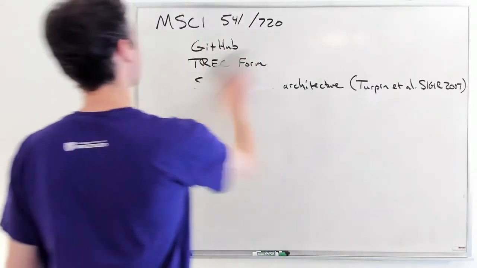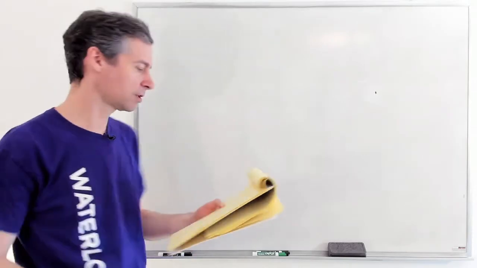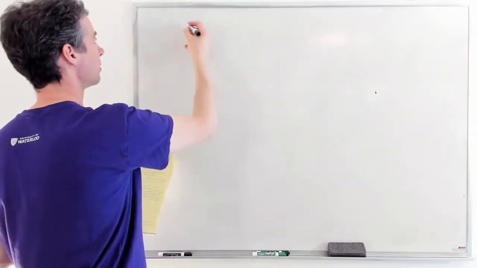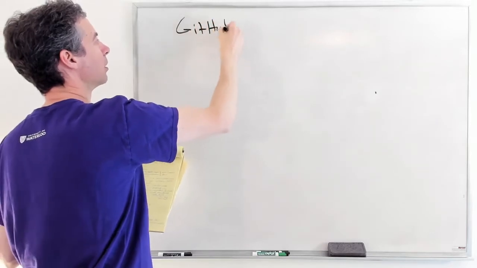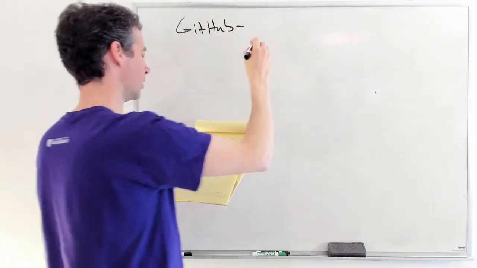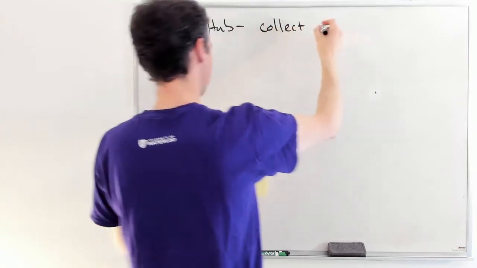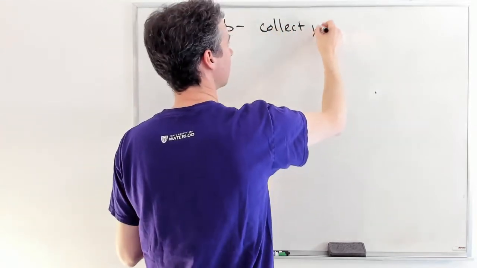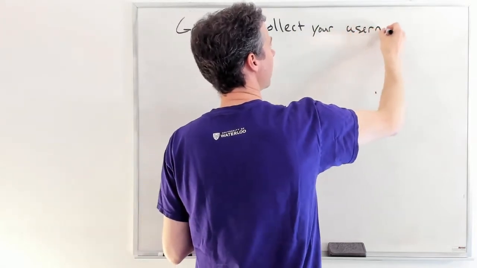All right, so what do I need to tell you now, first thing being GitHub? Well, the first thing about GitHub is we're going to distribute a form for you. A goal of this is we need to collect your GitHub username. This is handy for us.